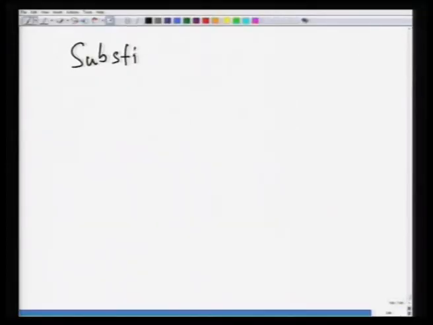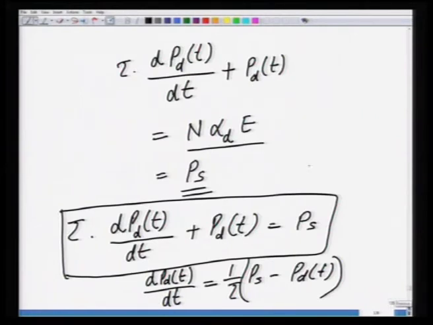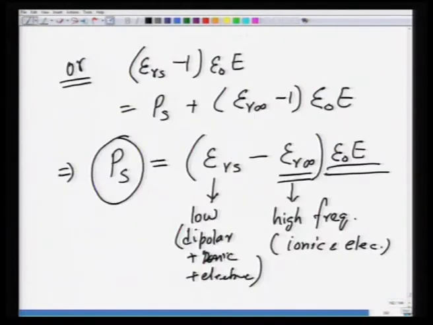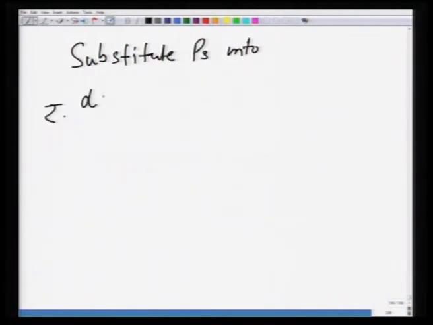So, now substitute this P s into the equation that we derived earlier. This equation is also called the relaxation equation. So, if we substitute this P s in this equation, how does it look? When we substitute this, we get tau into d P d by d t, so we have taken this bracket in t off, because P d is basically P d of t.